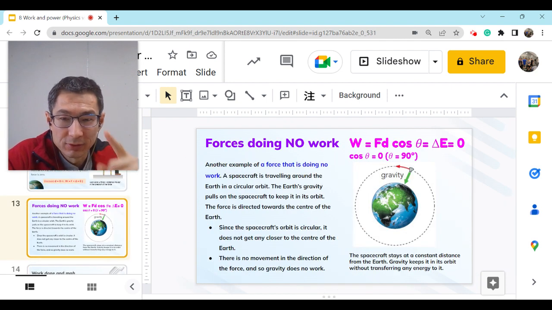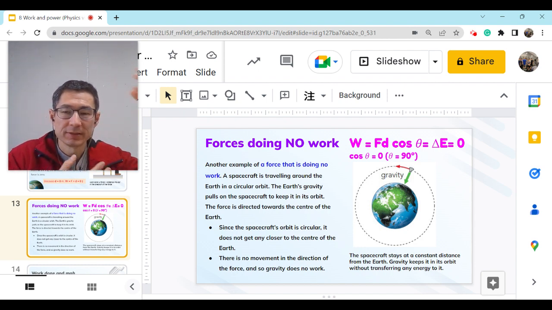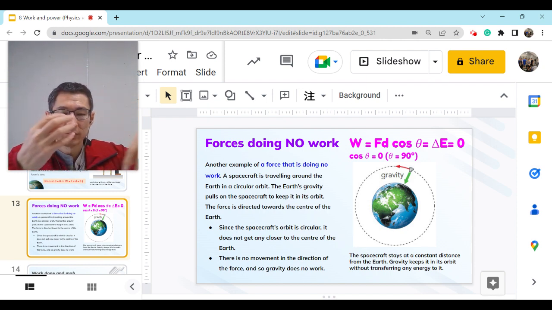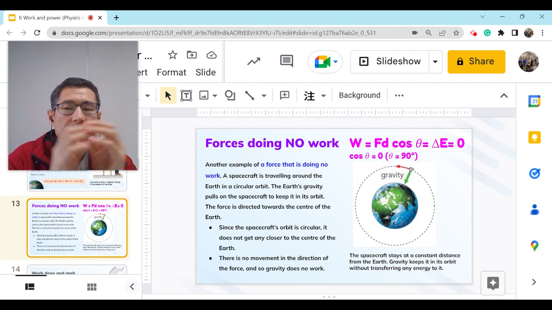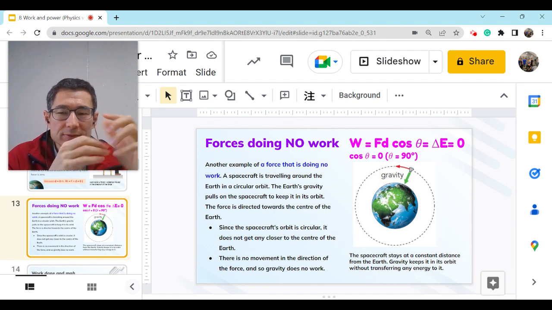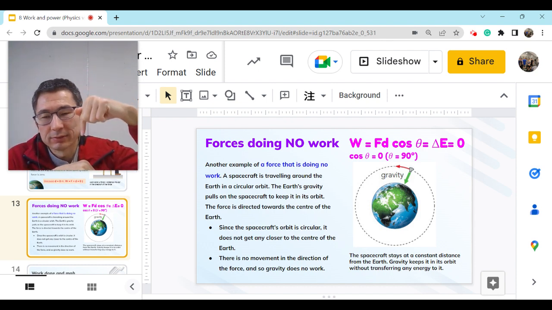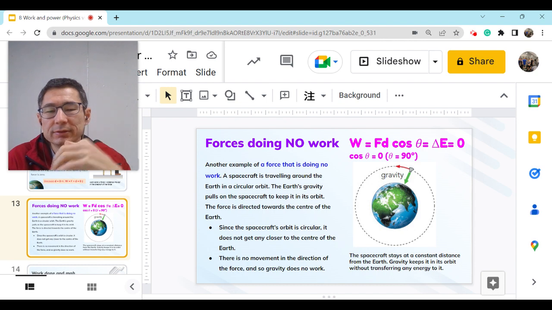Another example of not doing work is a spacecraft or satellite going around the Earth. The direction of the force of gravity is towards the Earth, vertically towards the Earth's center.